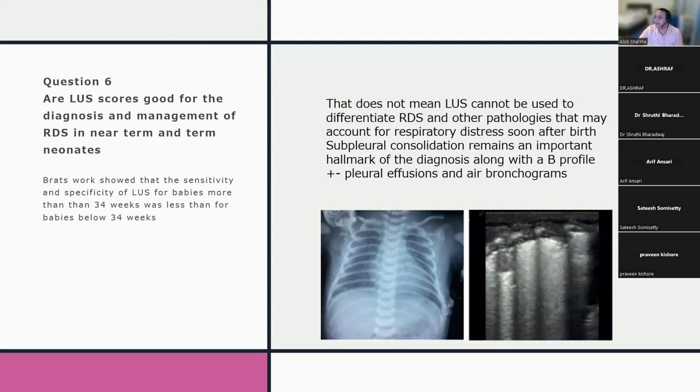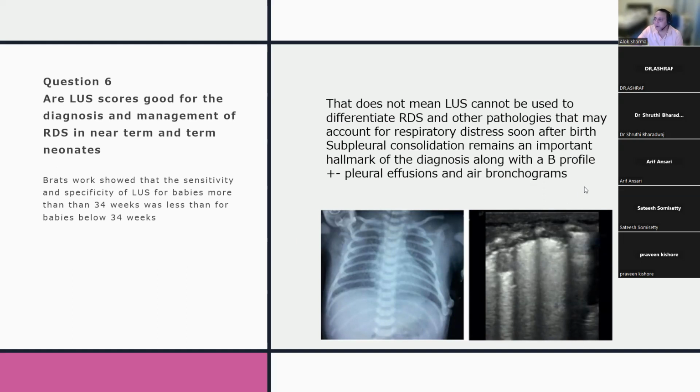That being said, if these babies have extensive subpleural consolidation, classical B profiles, as opposed to a relatively clear demarcated pleural line that might just be a little bit thick with A lines and double lung points, then that would favor a diagnosis of RDS. So it doesn't mean that you can't make a diagnosis of RDS. It just means that your lung ultrasound scores per se might be less accurate.